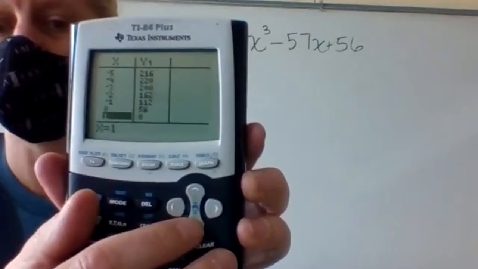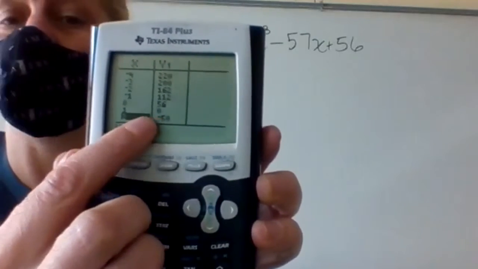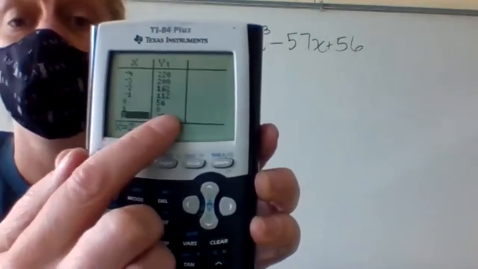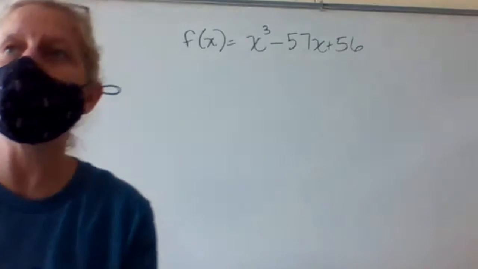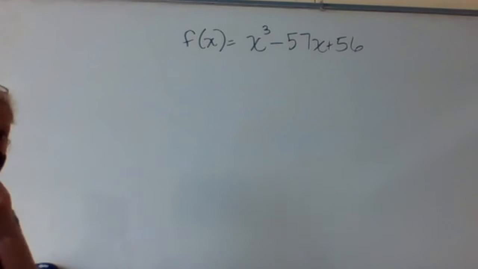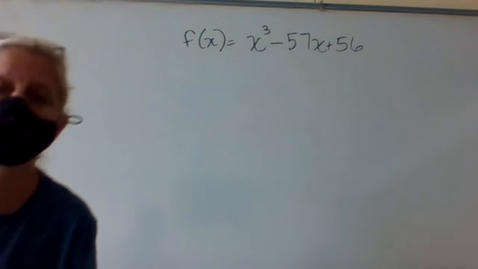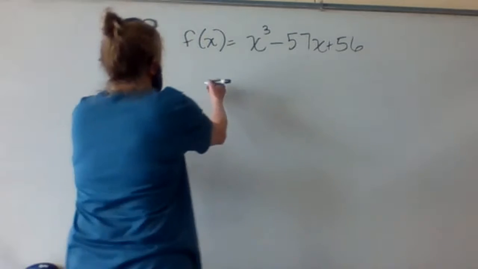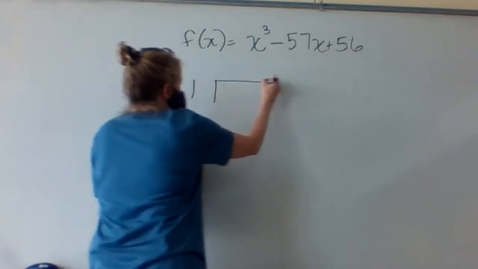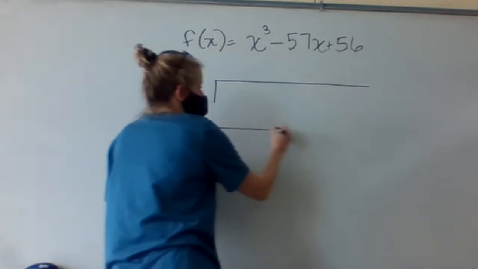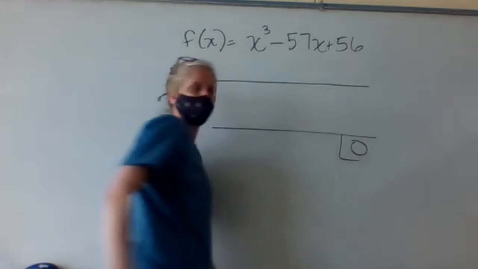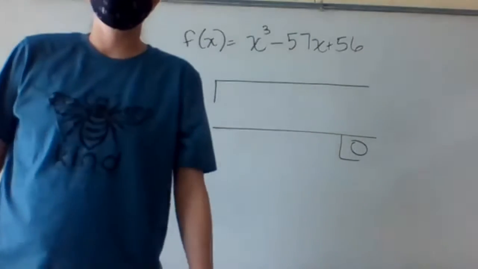Your x-intercepts occur when the y is 0. So 1 definitely is an x-intercept, but let's try it with synthetic division. Try the 1. If it is a true x-intercept, you should have no remainder there.